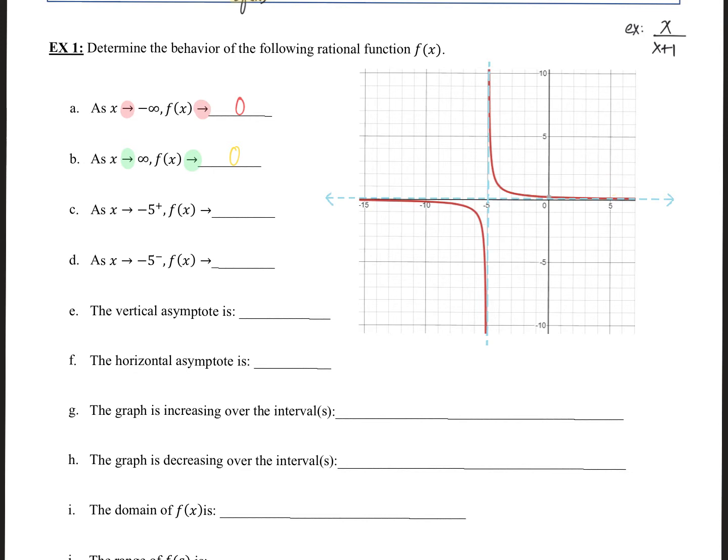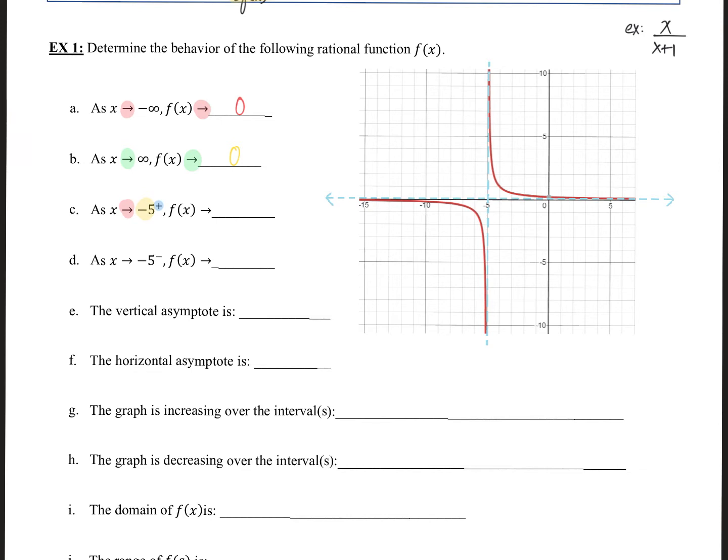Let's take a look at C, and this one has another new symbol in it. What is the plus sign saying? The plus sign is saying as x approaches negative 5 from the right.